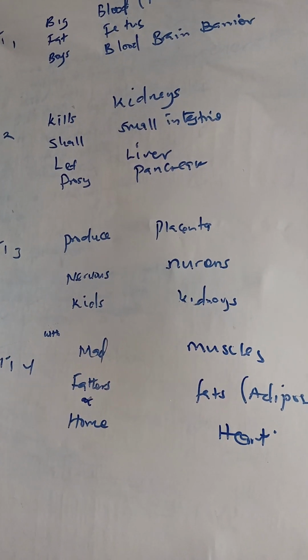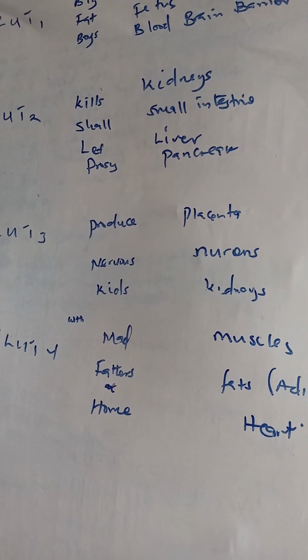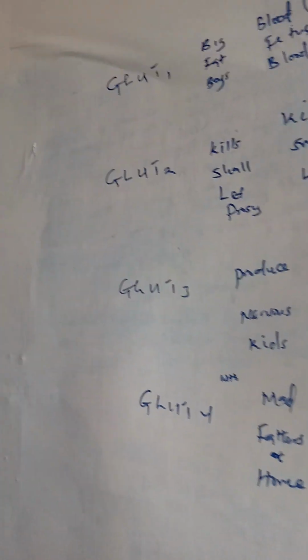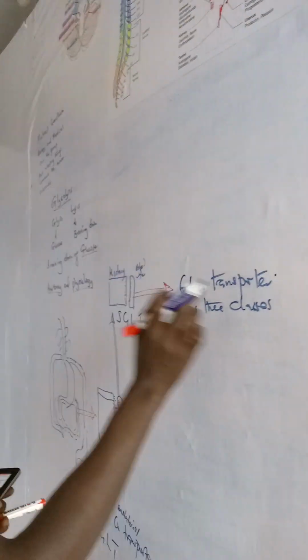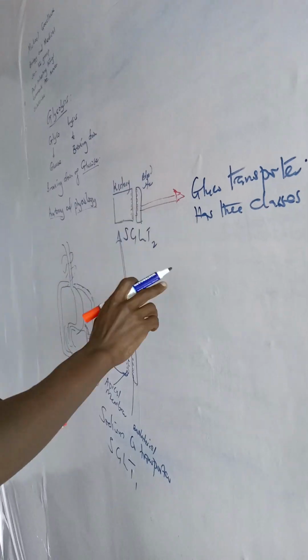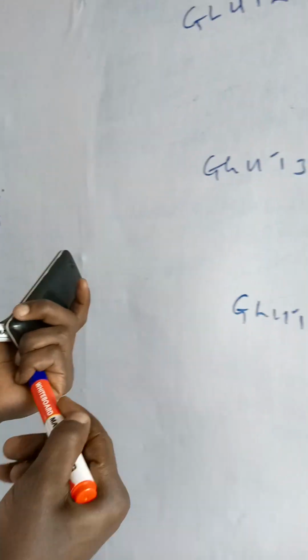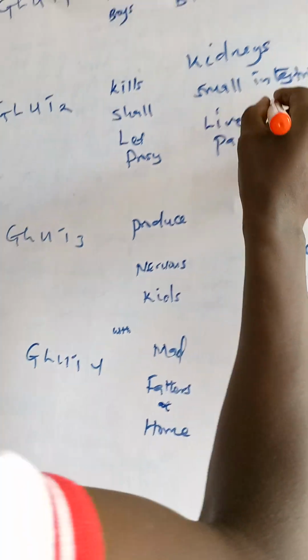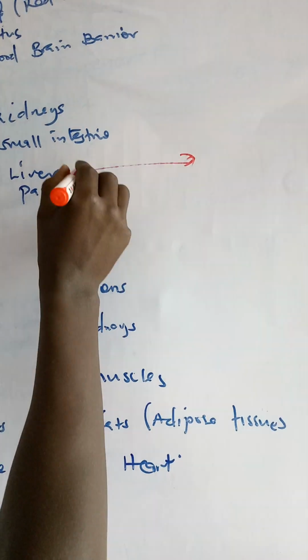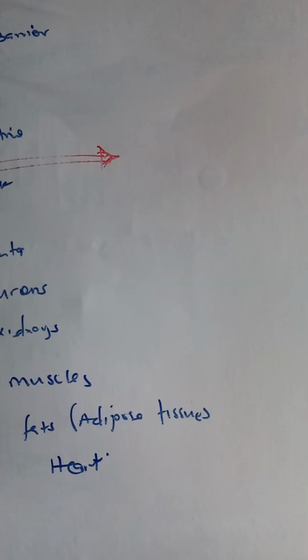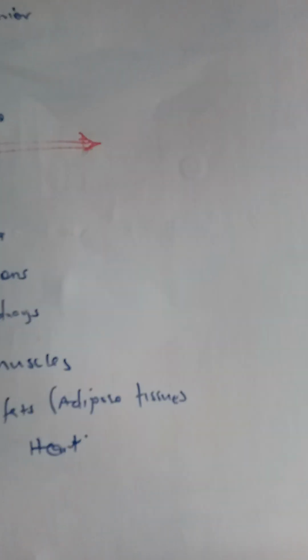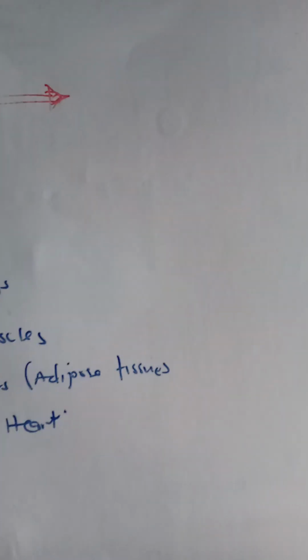Now, in the next video, we shall look at how from the bloodstream this moves to the liver. We shall start from here: how the blood moves from the liver to the extracellular fluids, then to the cells.